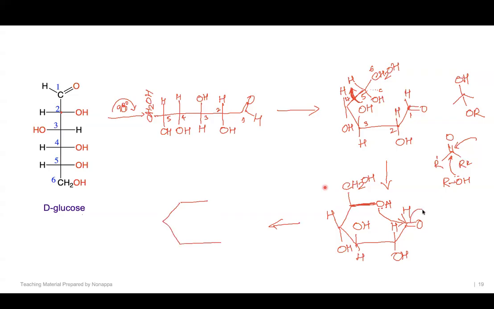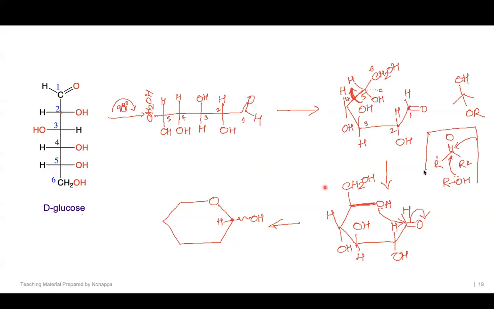During nucleophilic addition, we expect this, and there will be a proton that will go here. So we have this, and we have a new chiral center created because it was sp2, now sp3. The other thing here is a hydrogen. So we don't know, because the alcohol can attack from both sides.